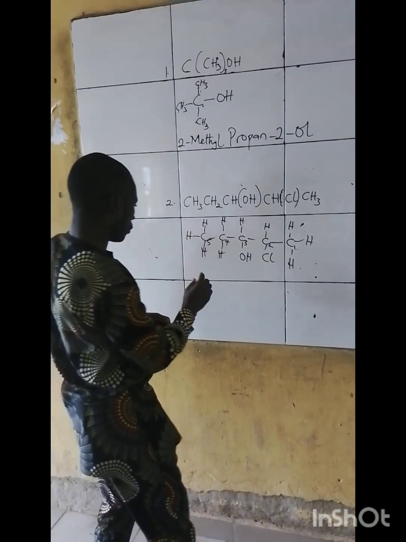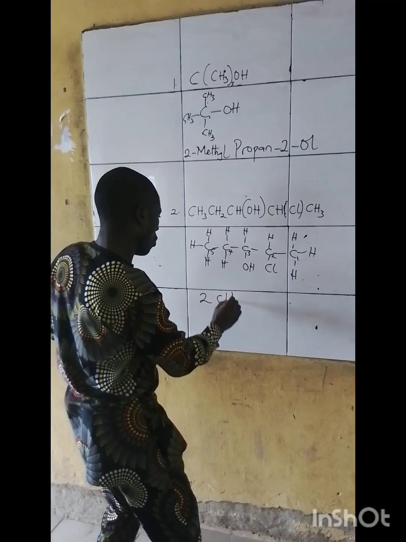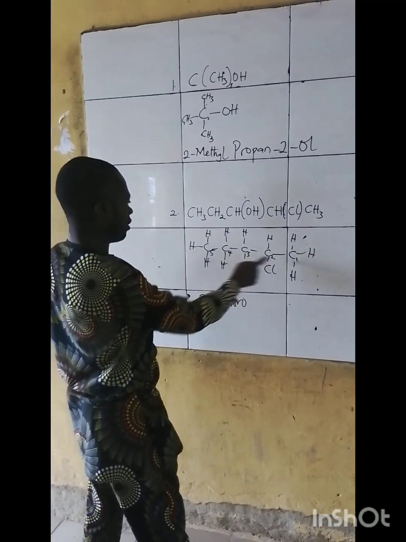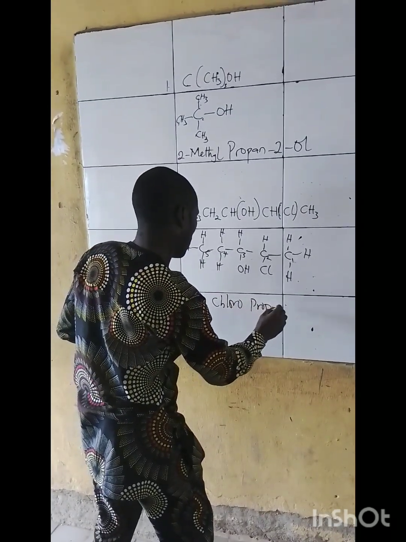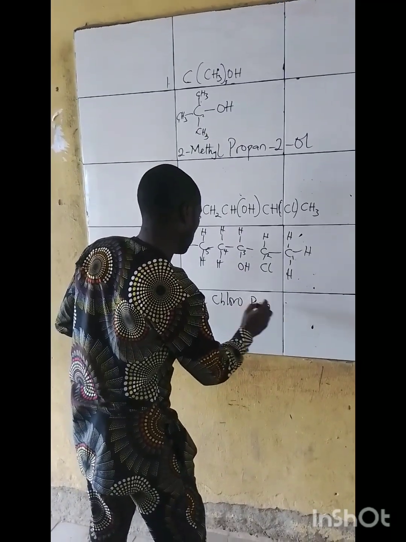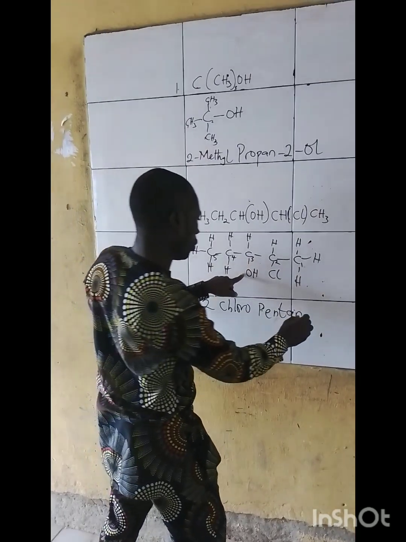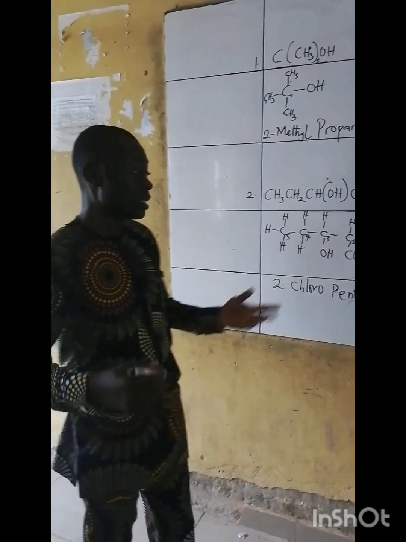This will be 2-chloro. Alright? Then what is the longest continuous chain? 5. 2-chloropentan. That's the longest chain. Pentan. And on carbon 3, there's the hydroxy group. Pentan-3-ol. Very simple.